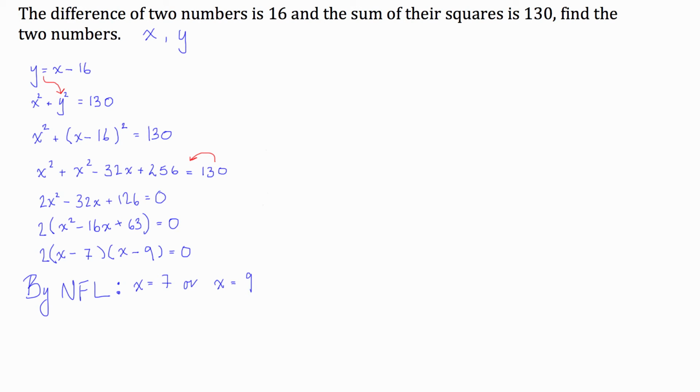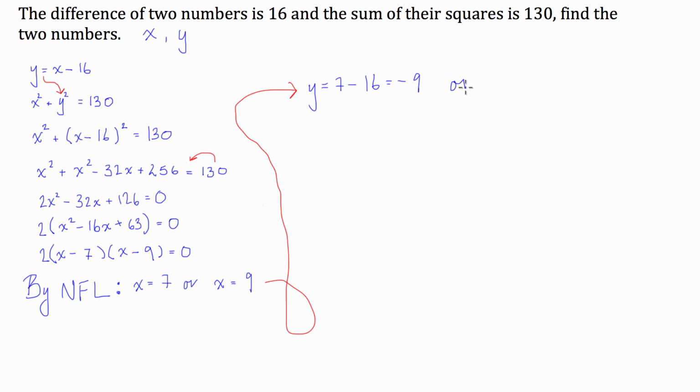Now once we've solved that, we're going to take that up here. And we're going to say, all right, well, if x is equal to 7, y has got to be 16 less than 7, which is -9.